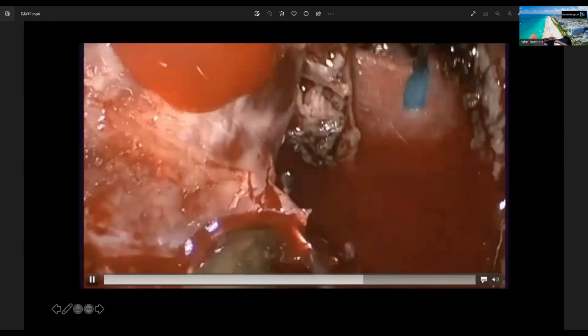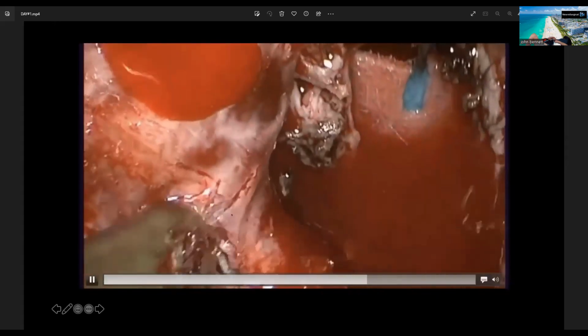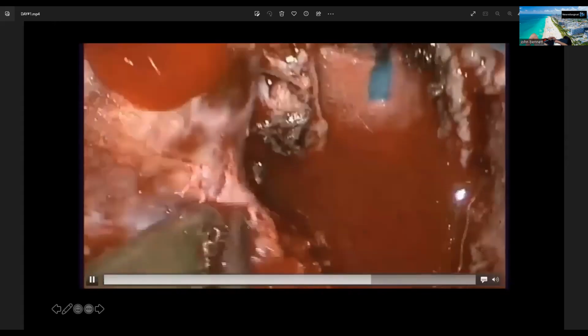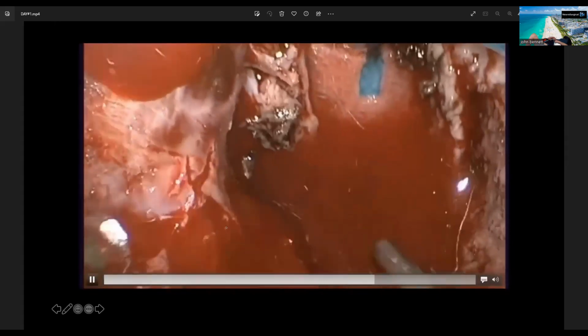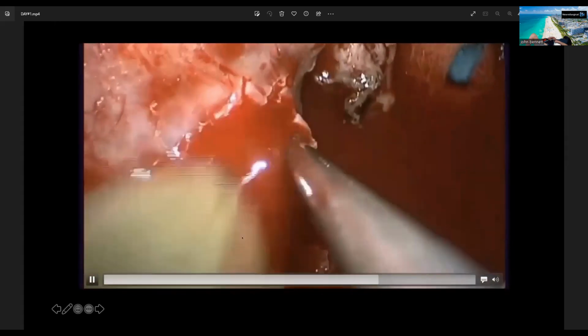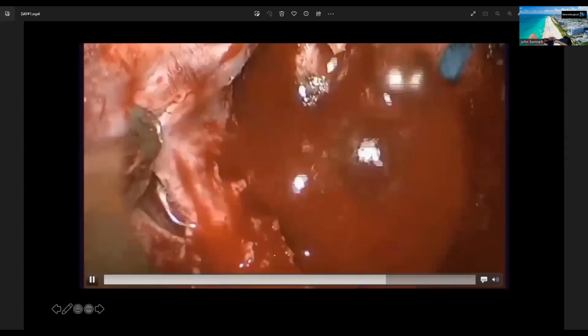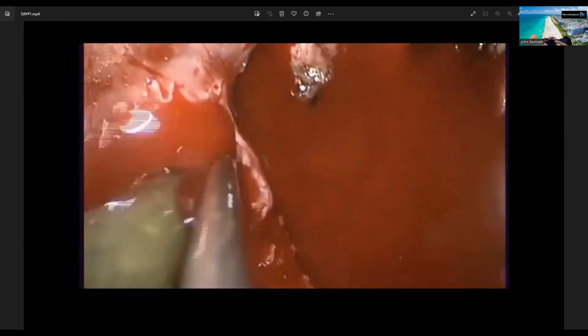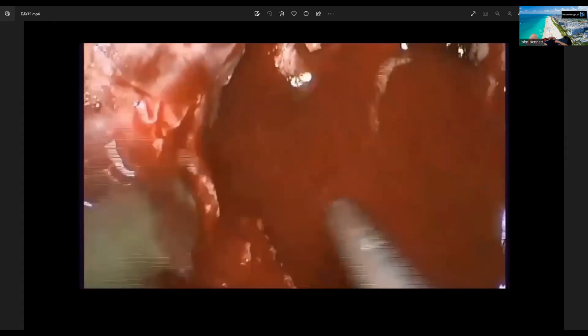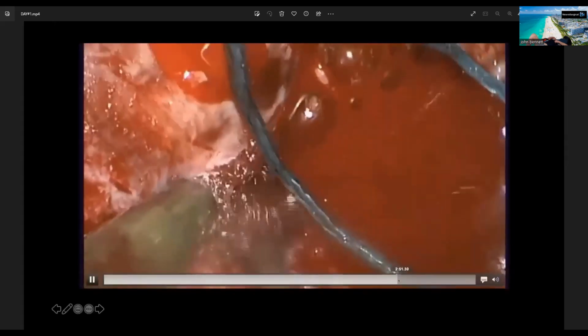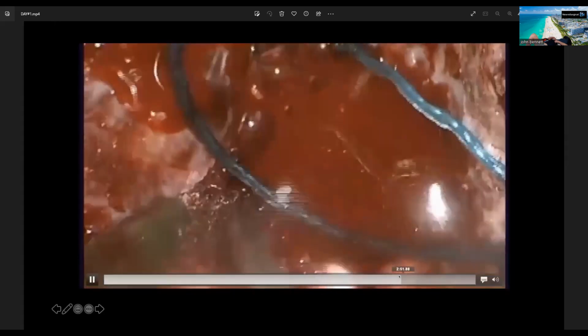This is not the whole cavernous sinus. We are medial. The carotid is there. Unfortunately, this doesn't show you a clear carotid, but you can see the bleeding from the medial wall of the cavernous sinus, which can be controlled, as you can see in a minute, with some Surgicel. That's all it needed.